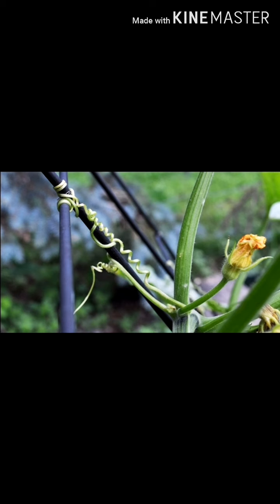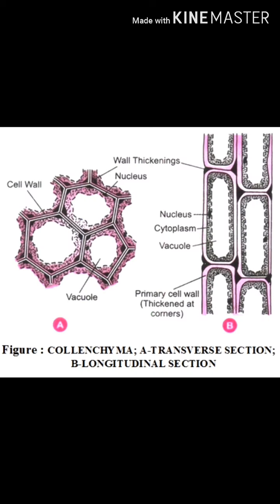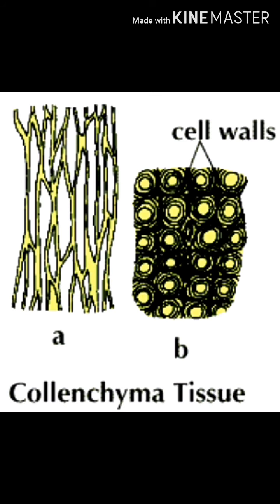The cells are elongated but appear oval or circular in transverse section. The cells possess uneven thickening, generally at the corners. Uneven thickening means these cells are thick at the corners due to the deposition of extra cellulose at the corners of the cell. There is very little intercellular space between the cells.